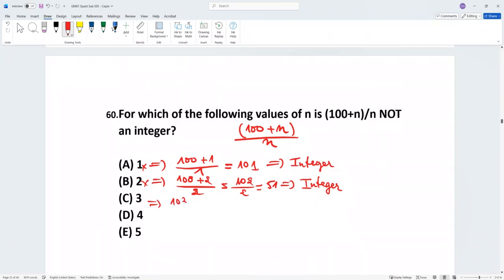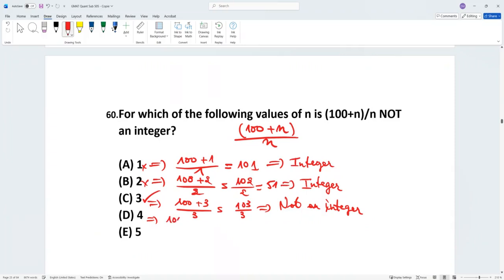So 100 plus 3 over 3 gives us 103 over 3. We cannot simplify this further, so this is not an integer. Okay, so that's basically our answer.